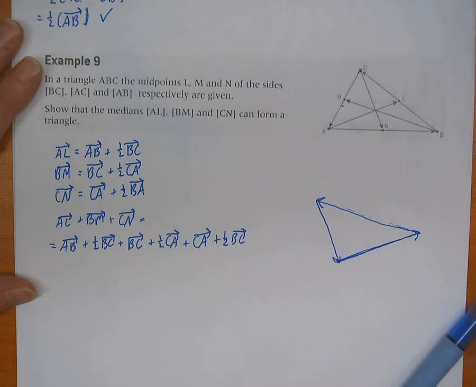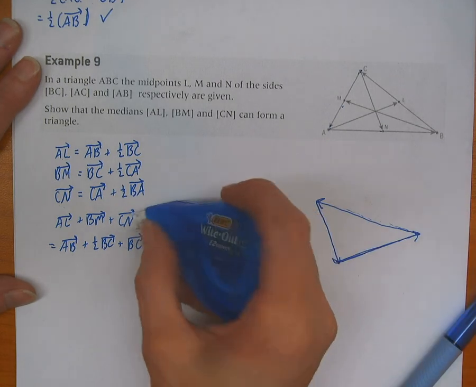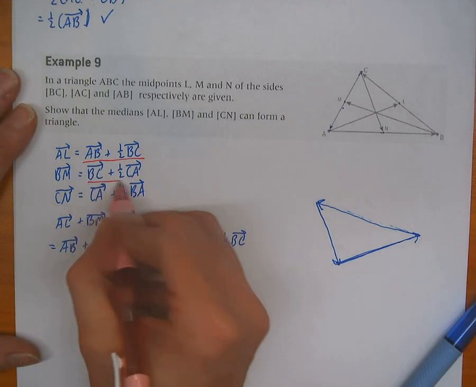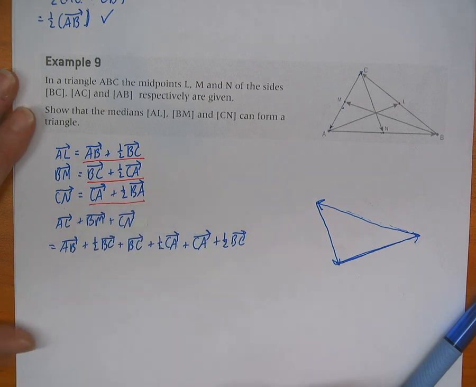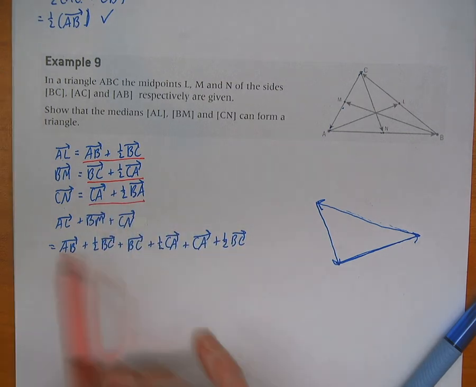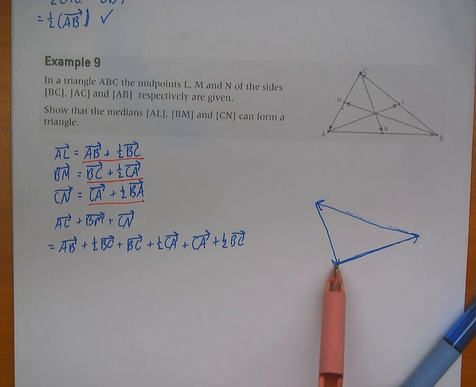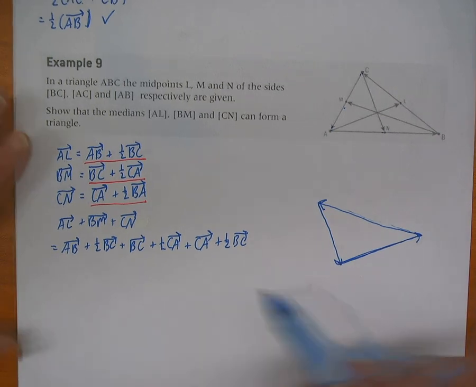So I simply substituted in these three statements for AL, BM, and CN, because I want to see what happens when I add these three together. If something makes a triangle, they should add up together to get a zero, because I should end up back where I started. So let's see if we do that.